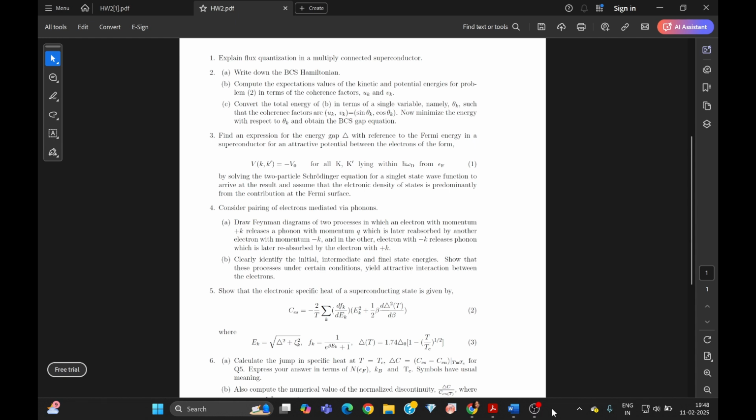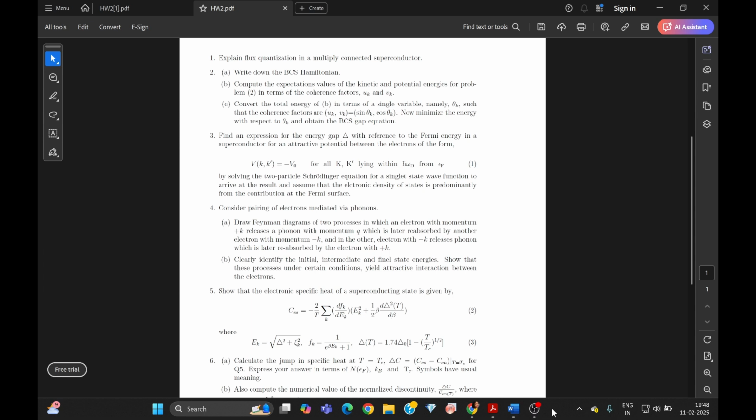And for the intermediate state, the intermediate energy, E_int, we can write it as the sum of these two plus h omega q. This is also an energy term, right? It means h nu basically, Planck's constant times frequency.